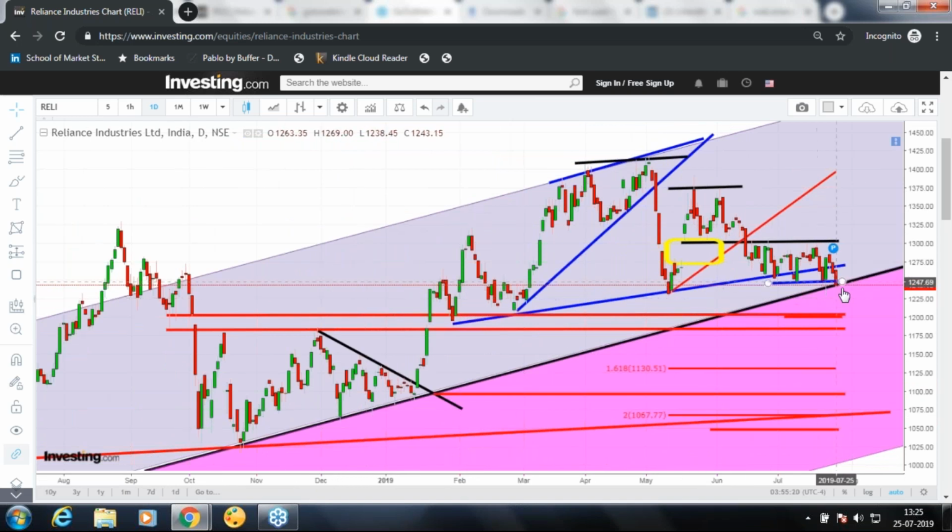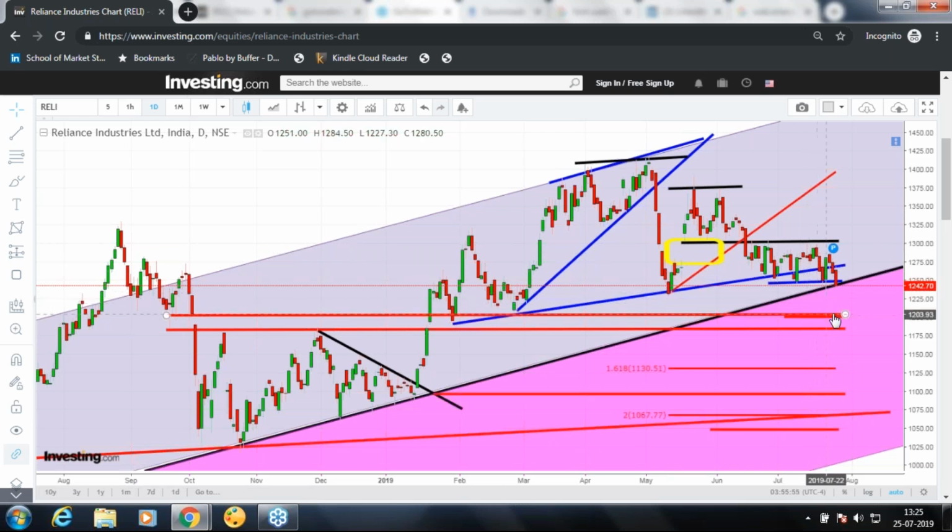Then once this bottom is broken, you have a direct support line at about 1200 odd levels, 1203. Now this 1203 is coming from two aspects. One is this gap and support level here, and this 1200 is the rectangular breakdown target, which is equal to the height of this horizontal channel.